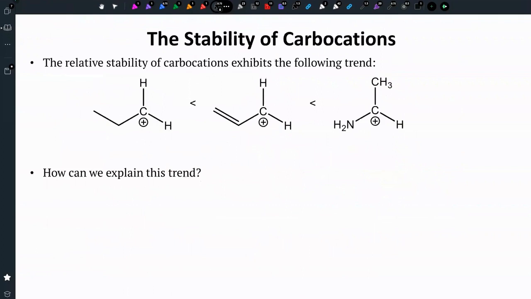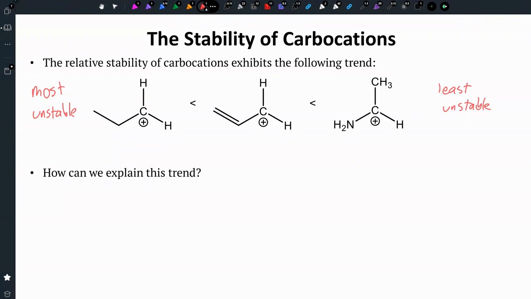So here's an example. Here's three carbocations, and the one on the left is the most unstable, and the one on the right is the least unstable. So think for a minute about why that might be the case.